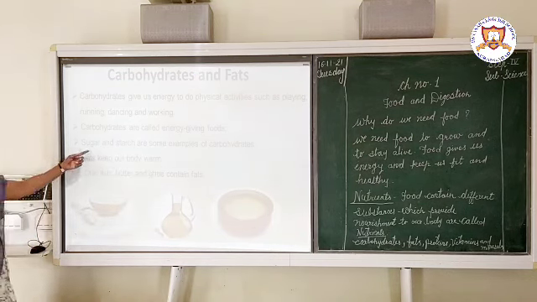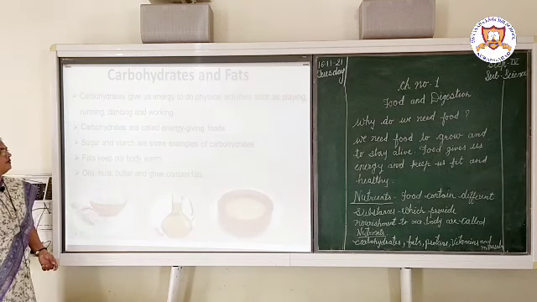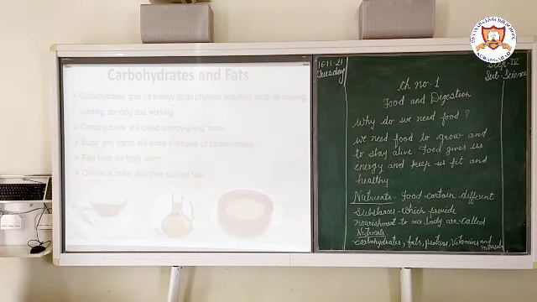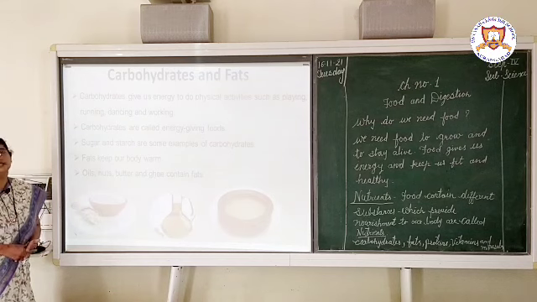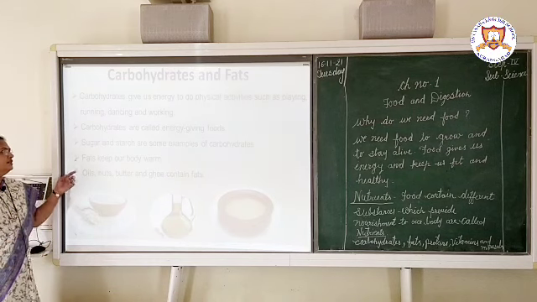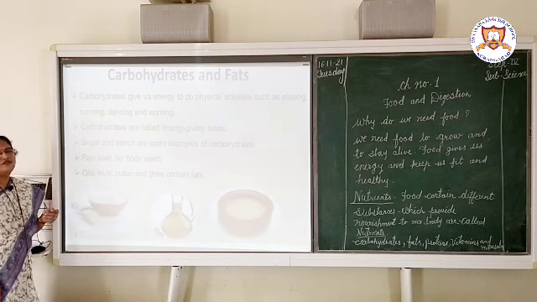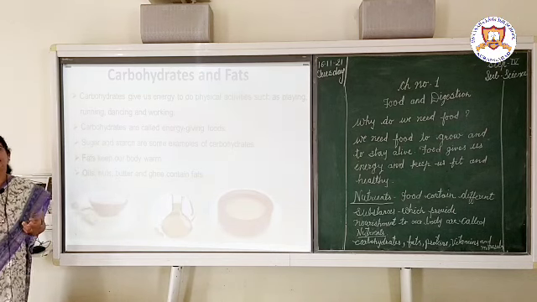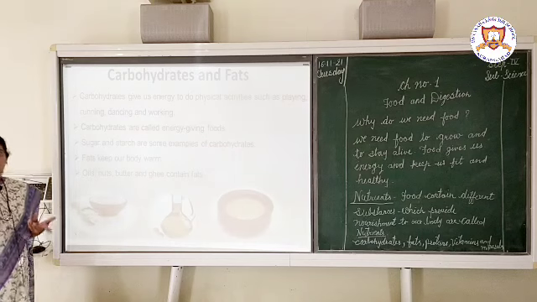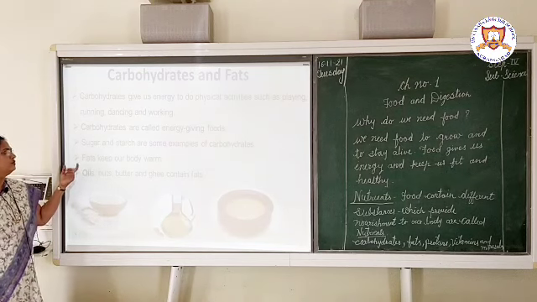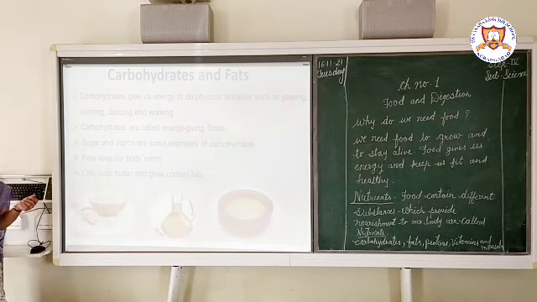Starch and sugars are the two types of carbohydrates. We get starch from potatoes, rice and wheat. And sugar from different types of fresh fruits like grapes, pineapple, pears, mango. These fruits contain sugar.